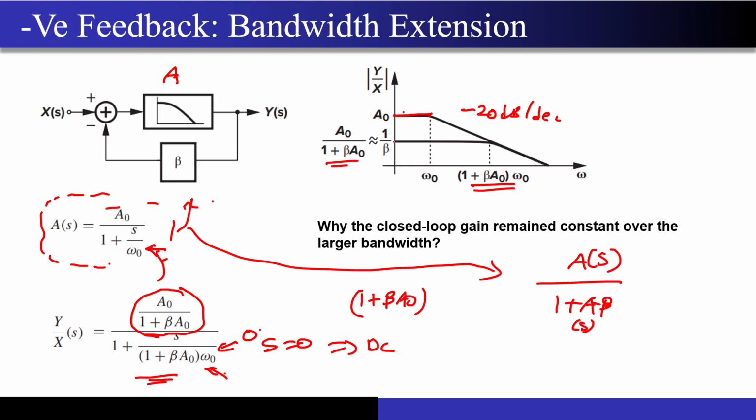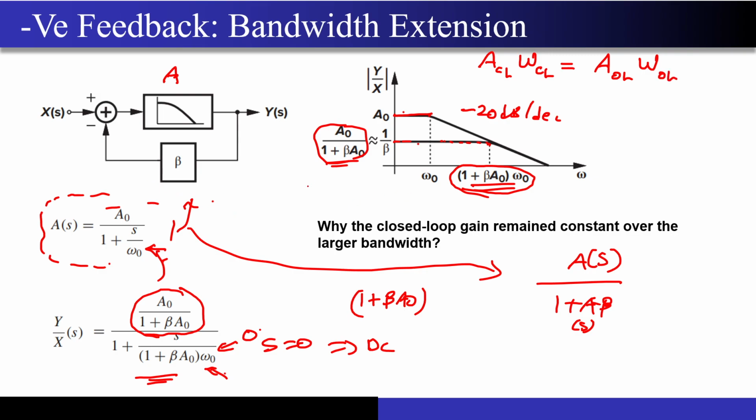So even though your gain has decreased, at the same time your bandwidth has increased. If you take the product of this gain and this bandwidth, I'm going to write one equation over here: the product of the gain of the closed loop system and the bandwidth of the closed loop system is equal to the product of the gain of the open loop system and the 3 dB bandwidth of the open loop system.